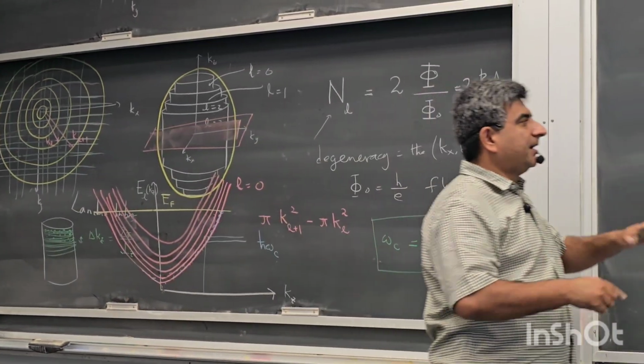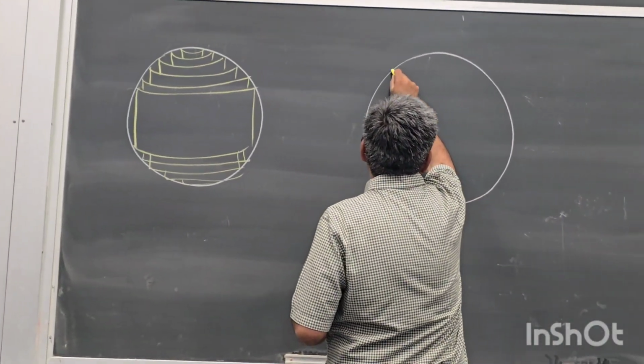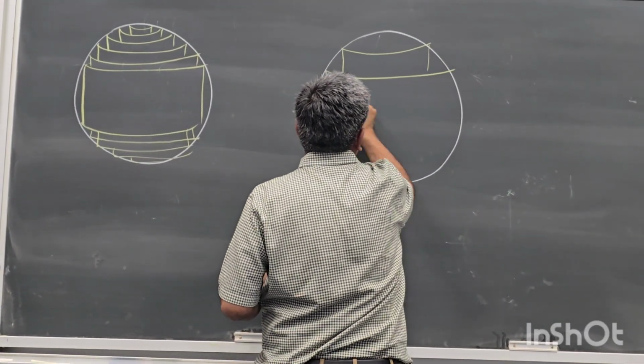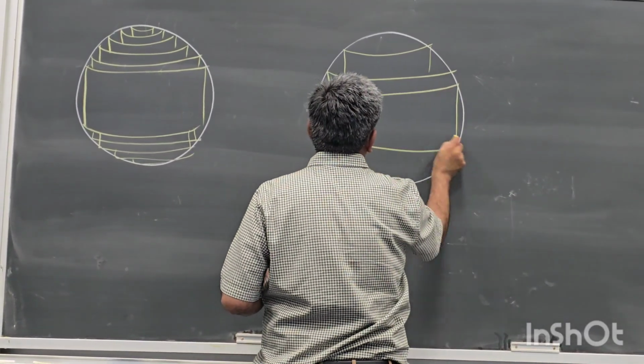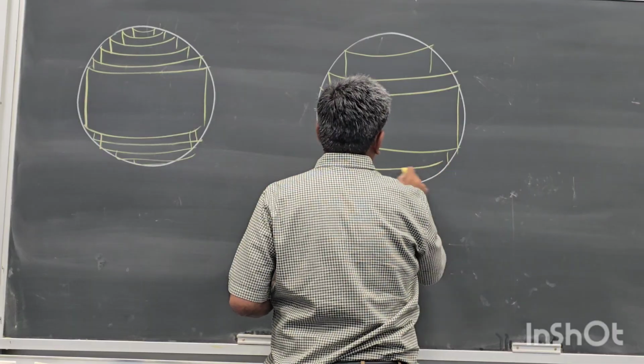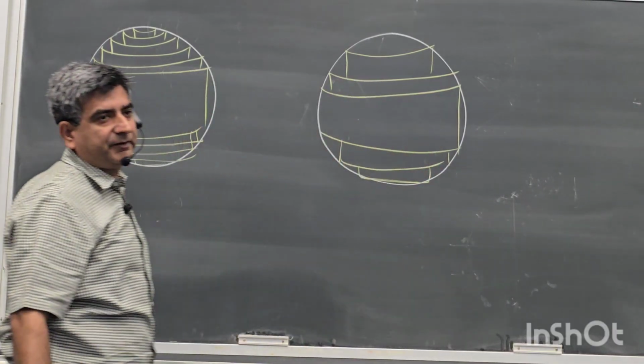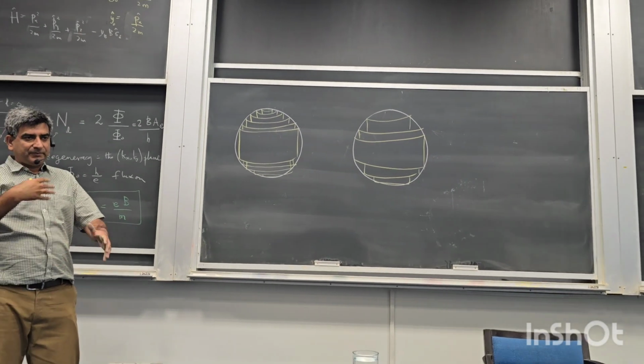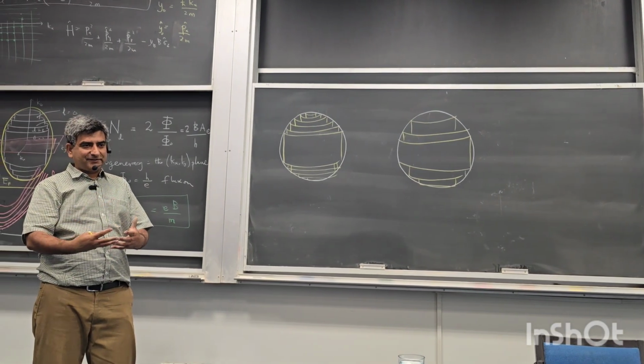I might draw, in a really exaggerated sense, just a smaller number of tubes fitting into the Fermi sphere. But the number of points that coalesce onto each of these tubes is going to readjust itself.